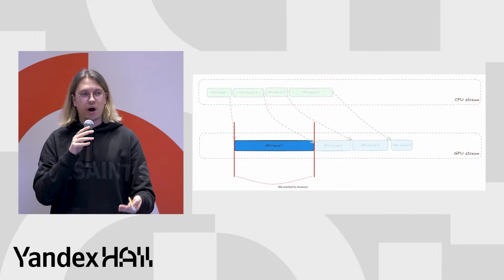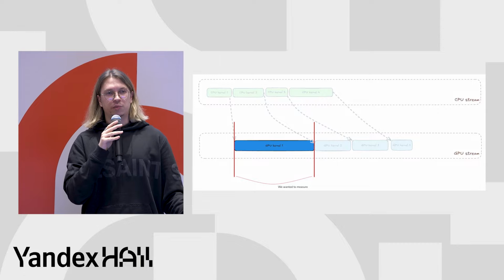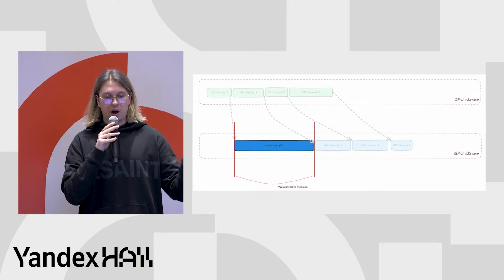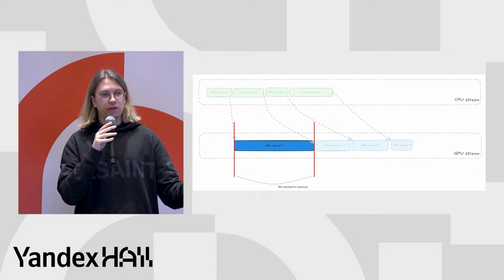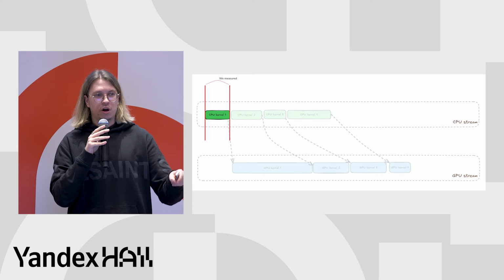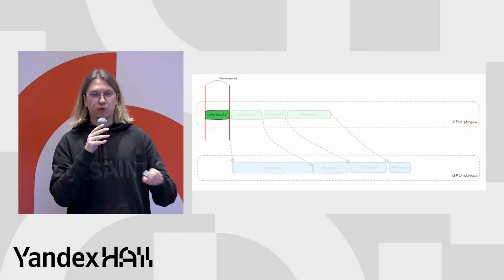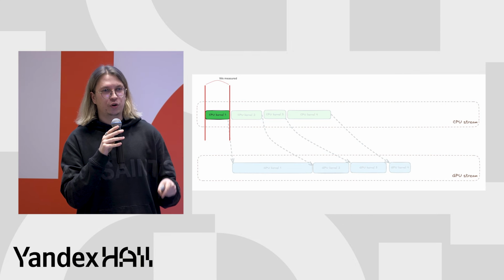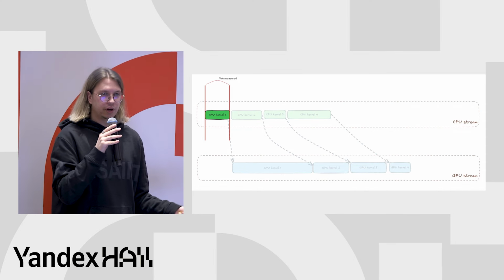We wanted to know how much time matrix multiplication takes, and this matrix multiplication is executed on a GPU stream, right? But what we ended up doing is measuring this block over here on the CPU, because at no point in our code did we wait for the operation to be completed, right?